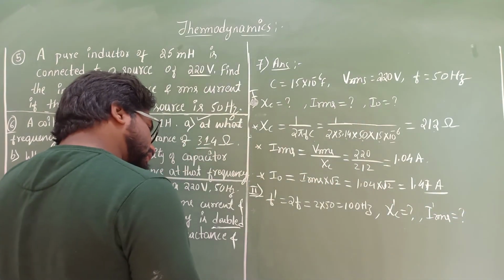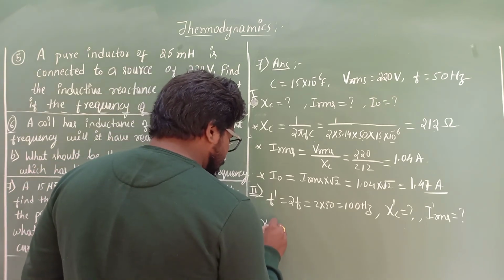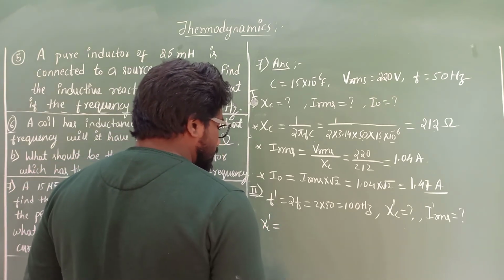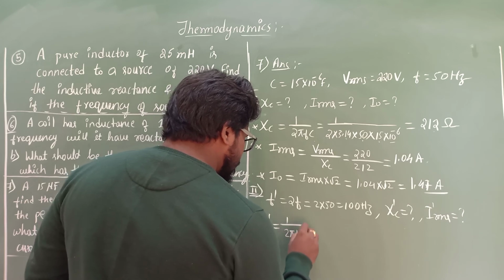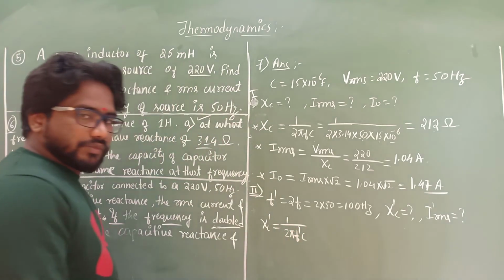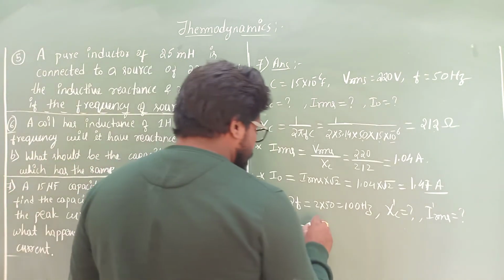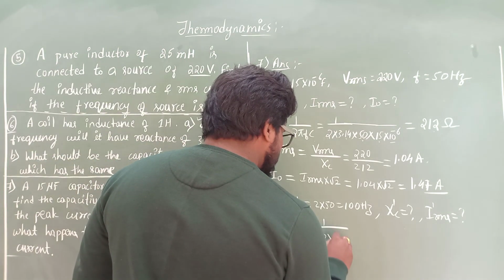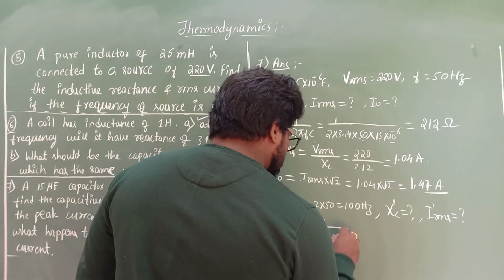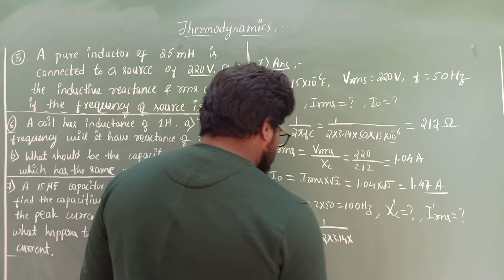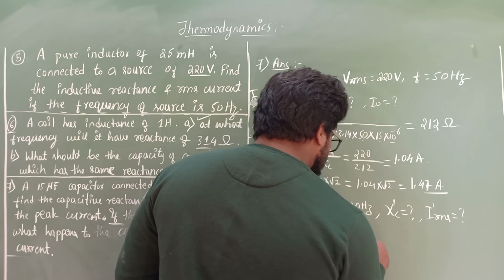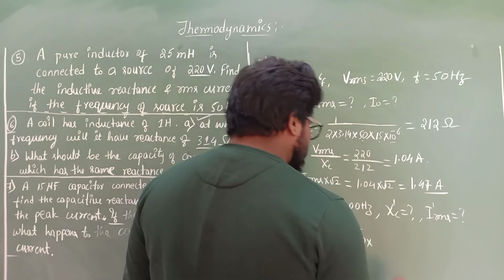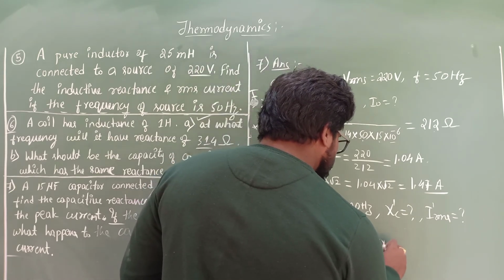What is the formula for capacitive reactance? XC dash is equal to 1 over 2 pi f dash into C. The C value remains the same, so it is 1 over 2 into 3.14 into 100 into 15 into 10 power minus 6.